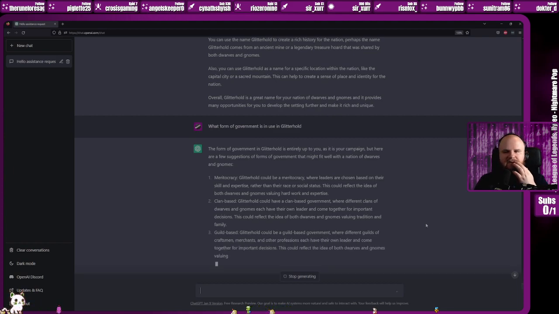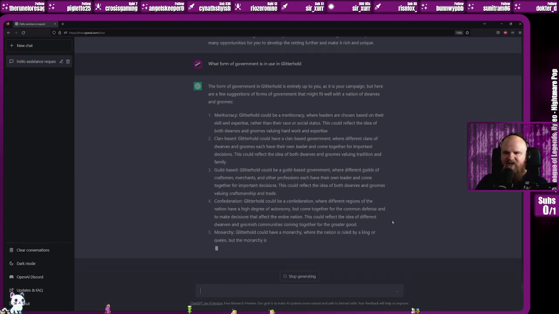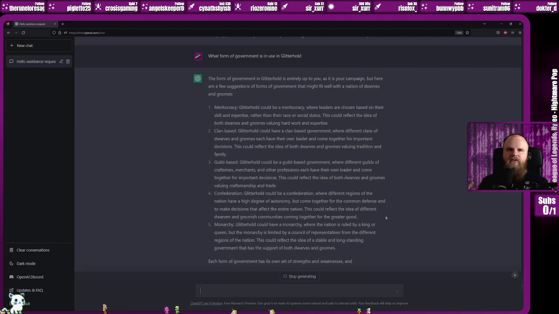I like this because the suggestions it had for the human elven kingdom are very basic, very standard for those races. So this makes a lot of sense: clan-based, guild-based, confederation, monarchy. These are all what you would think about when you think about dwarves, gnomes.